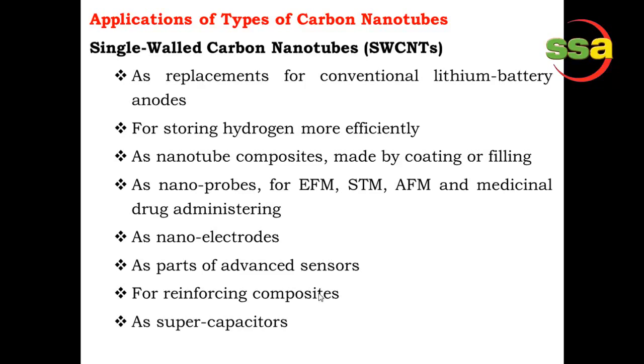Now see that they are also used in nanotube composites made by coating or filling, as nano probes for EFM, STM, AFM and medicinal drug administration, as nano electrodes, as parts of advanced sensors, for reinforcing composites and in supercapacitors.